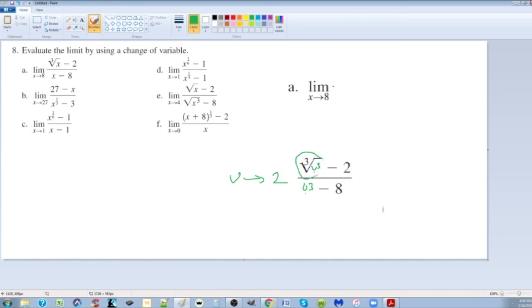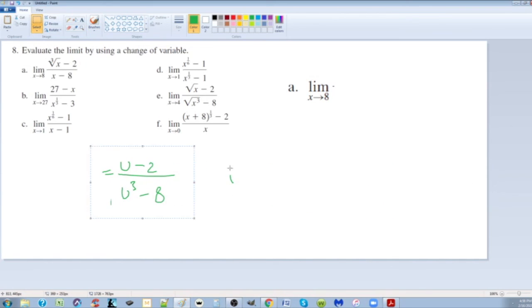Now, at the top, what's the cube root of u cubed? It's u. And you might say, I still can't solve it. You didn't help me. Yep. What's going on at the bottom? Difference of cubes. I hope I have my difference of cubes memorized now. It's u minus 2 times u squared, minus, no, plus 2u plus 4.